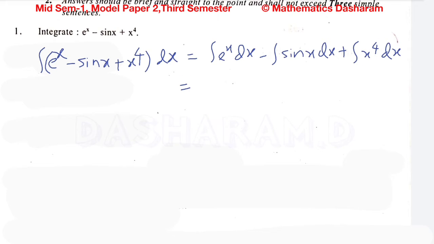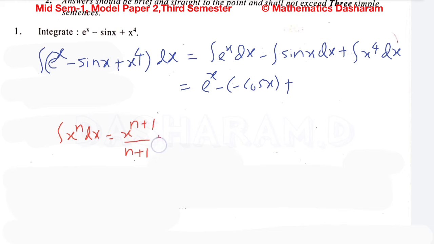It is equals to integration of e to the power of x is e to the power of x itself minus integration of sin x is minus cos x plus integration of x to the power of 4. So here the suitable formula is integration of x to the power of n dx equals to x to the power of n plus 1 divided by n plus 1 plus c.